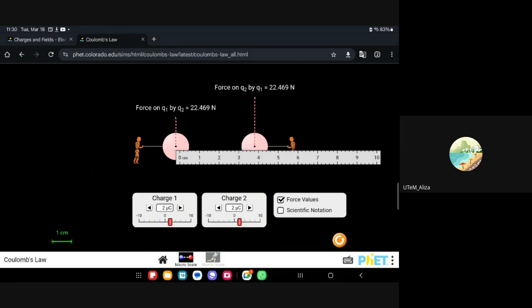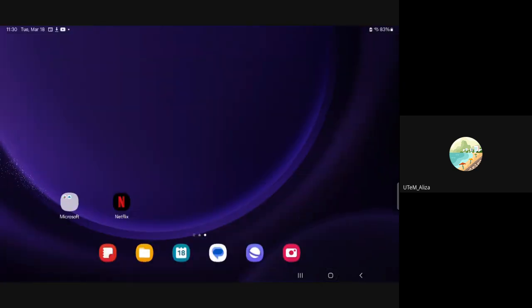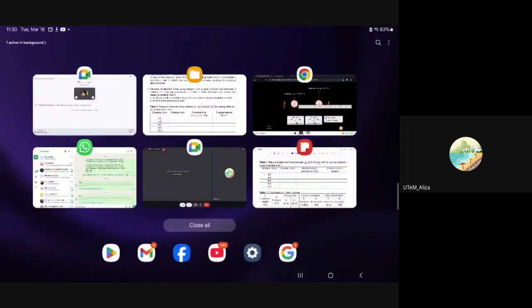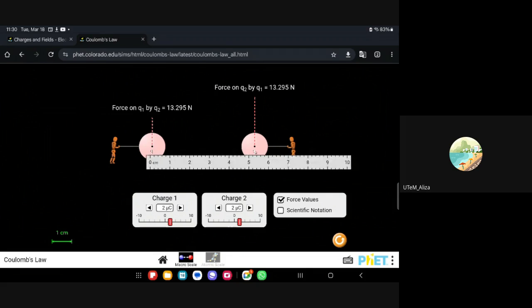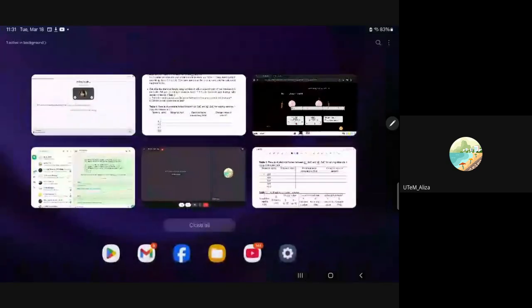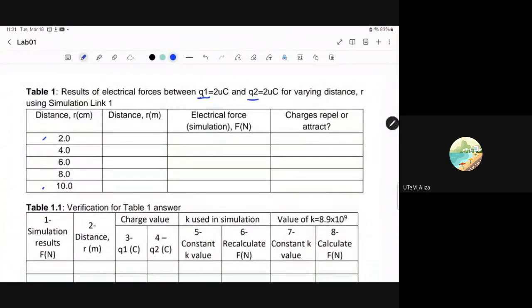Let's say I want to fix Q2 here. Then I move the ruler to Q1, and that is where I will measure R. Your R needs to be 2 centimeters here.